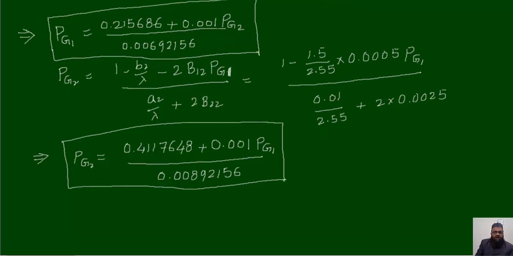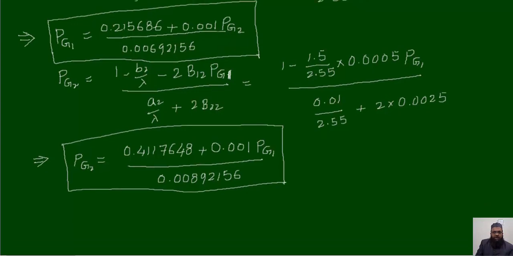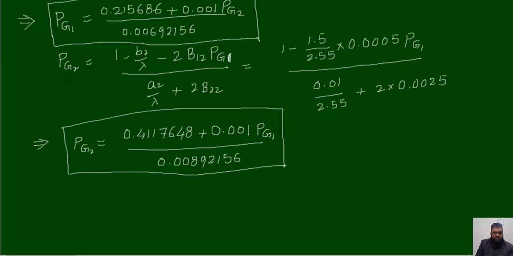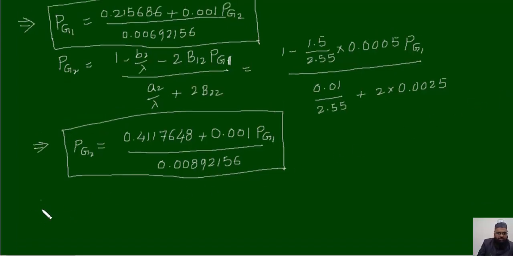So starting with that value of Pg2, that is 105 megawatt, we will have the powers right here for Pg1 and for Pg2. So put value of Pg2 as 105 here and solve it, evaluate Pg1.